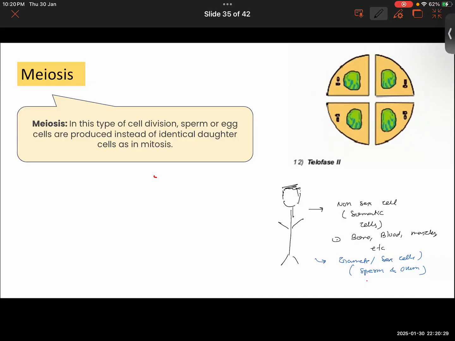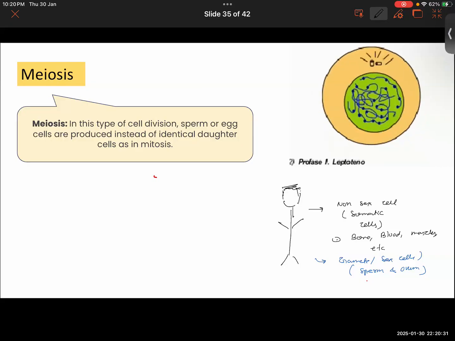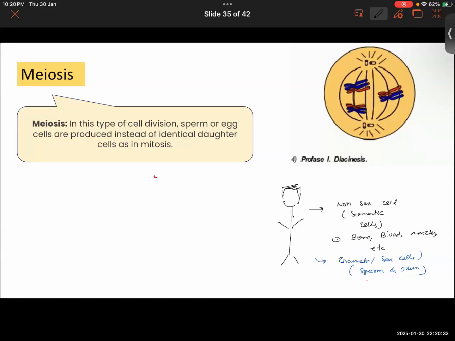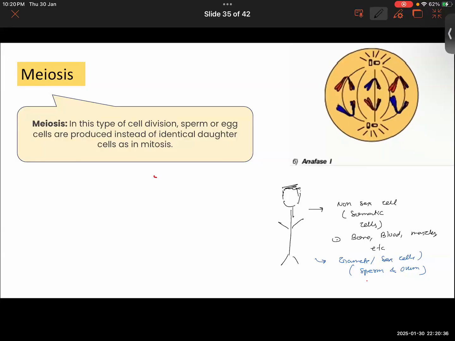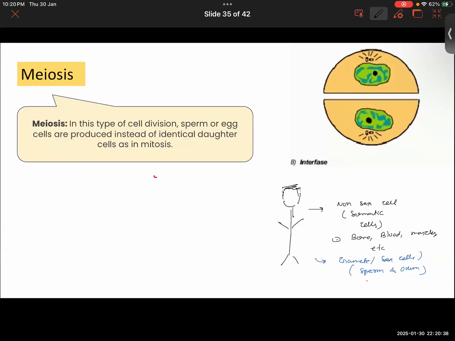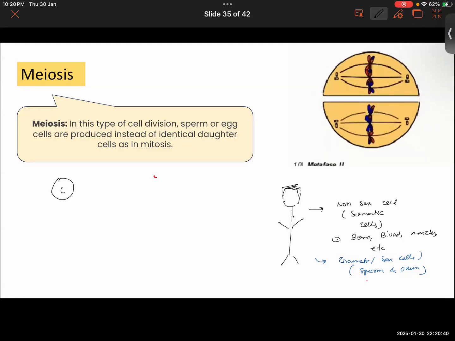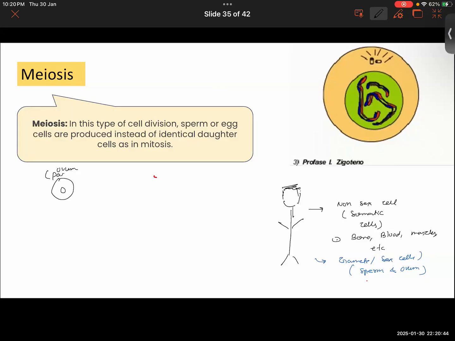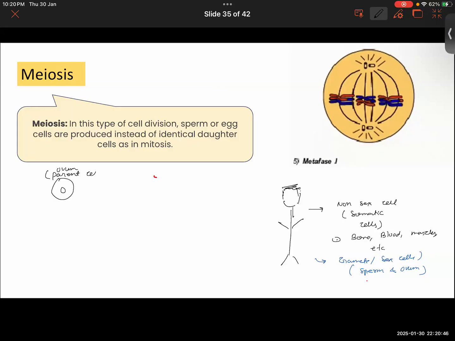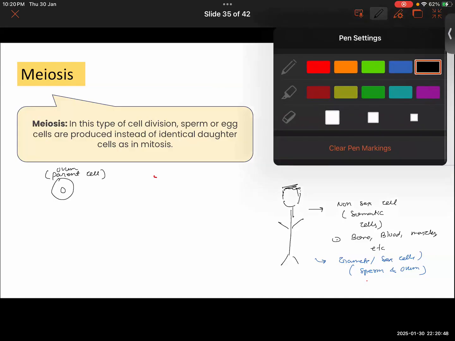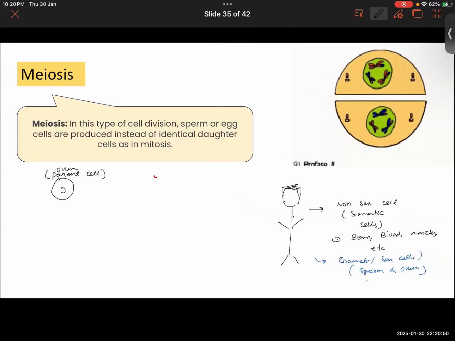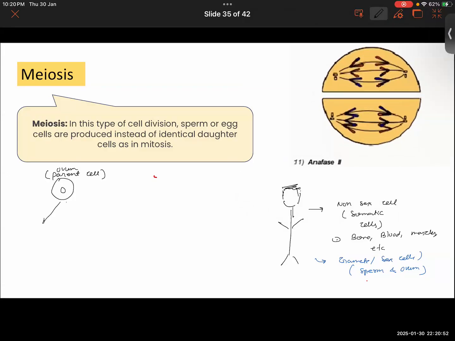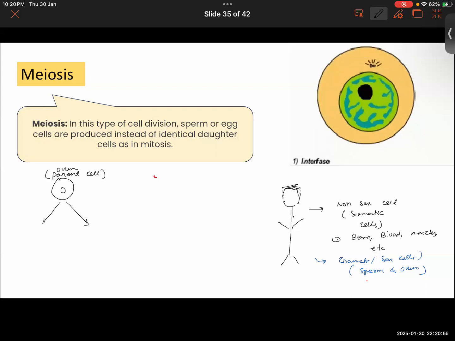You can understand this in this manner also. Suppose you have a parent cell like this. Suppose you have the ovum. This is the ovum, which we are considering as the parent cell. In the process of meiosis, this parent cell will go on to split into two daughter cells like this.